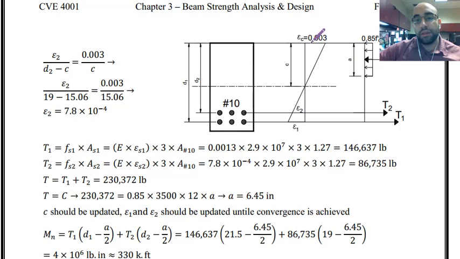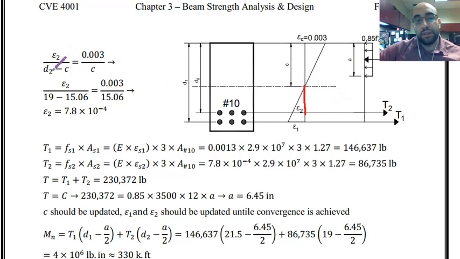Epsilon 2 can be calculated in a similar way. I have two similar triangles, one up there, the other one this one, and based on this I can find the value of epsilon 2. Right, epsilon 2 over this side, which is d2, the distance from first layer to the top, minus c, that is this distance.